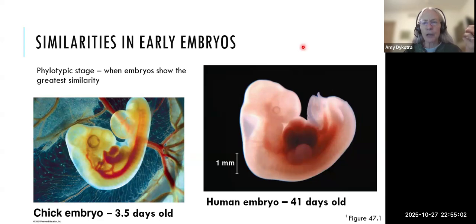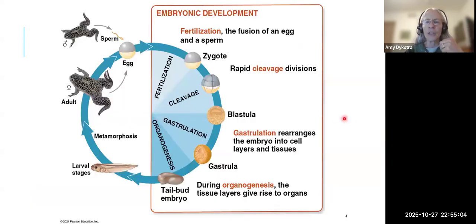And also, when we talk about a lot of different animals, a lot of animals are going to have these same four initial stages of embryonic development. And here we're going to show not a chick or a human, but we're going to show a frog. And so frog egg fertilization is the first stage.